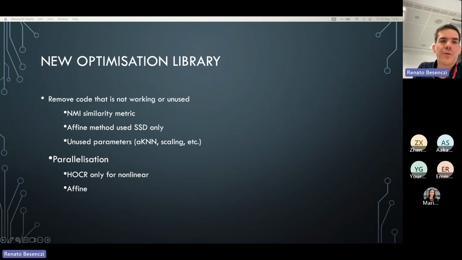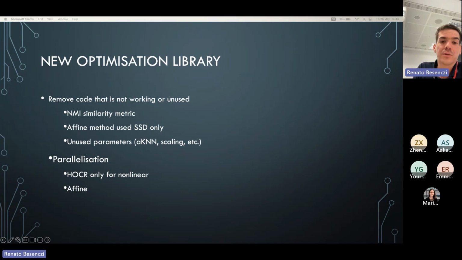Okay, so in the new optimization library, I removed code that is not working, for example, the NMI similarity metric, which was interesting, or the affine method using the SSD metric only. There were some unused parameters that remained in the code from old versions, even older than the old version of the MSM, like the AKNN or scaling and so on.